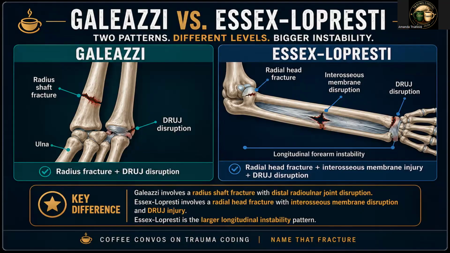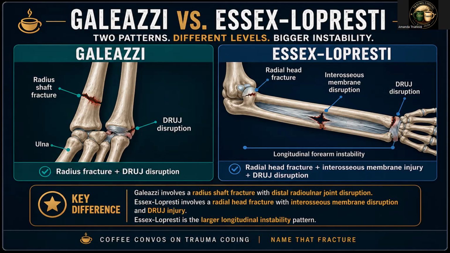So let's look quickly at that Galeazzi versus the Essex-Lopresti. You have two patterns at different levels, and you have a much bigger instability in that Essex-Lopresti than what you saw with the distal radioulnar joint disruption in the Galeazzi. Hopefully this helps you.